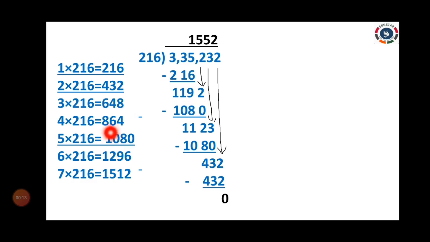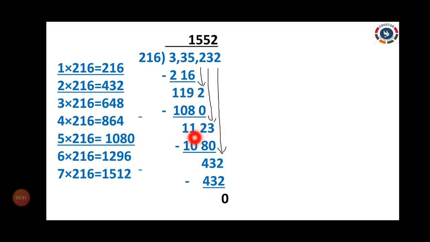So we want to take less than 1192, which is 5 times. Write 5 at the top, then write 1080 at the bottom, then subtract the two values. We are getting 112.